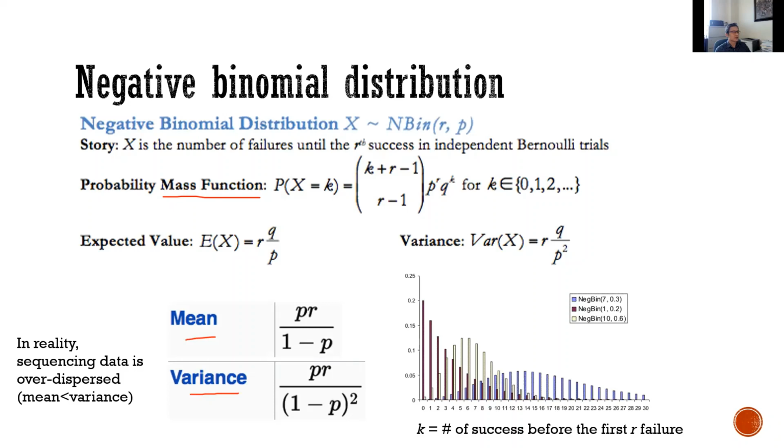So let's see what this distribution is about. We require two parameters to define the distribution: the probability of success and the number of successes you want. So X will be the number of trials you have to make to get r successes.